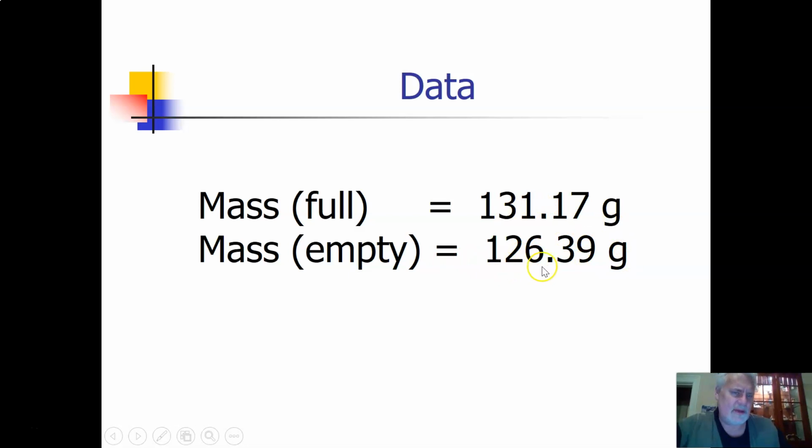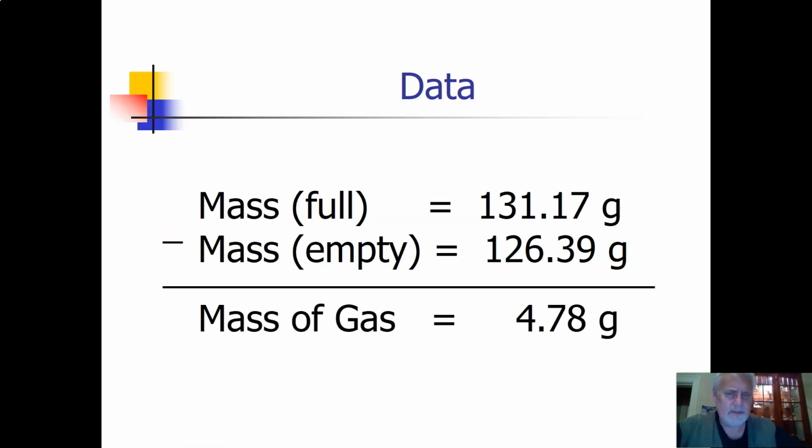So write this out as if it was a little math problem, which it is, and we're going to subtract those two. We're going to subtract the empty from the full. Again, the only difference are those little blue dots, and the mass of the gas, the unknown, is going to be about 4.78 grams. Okay, 4.78 grams.